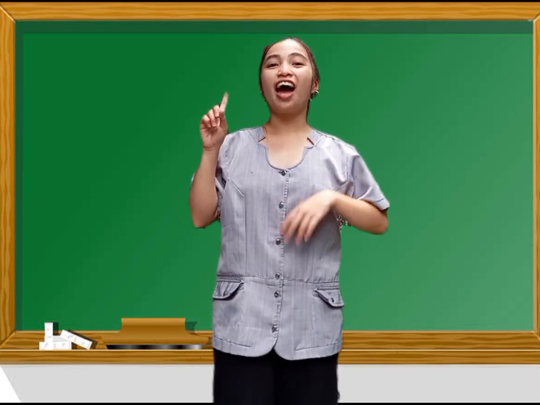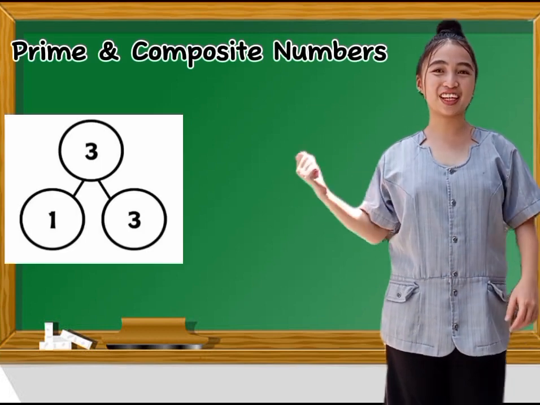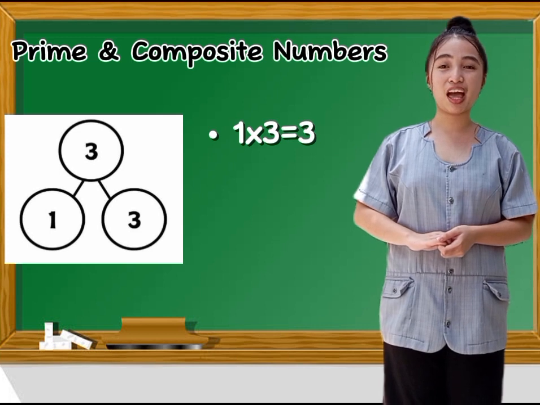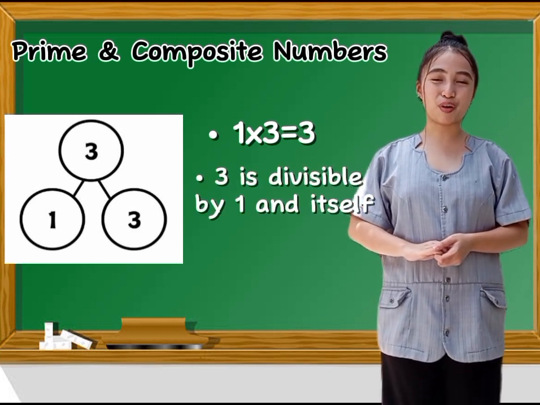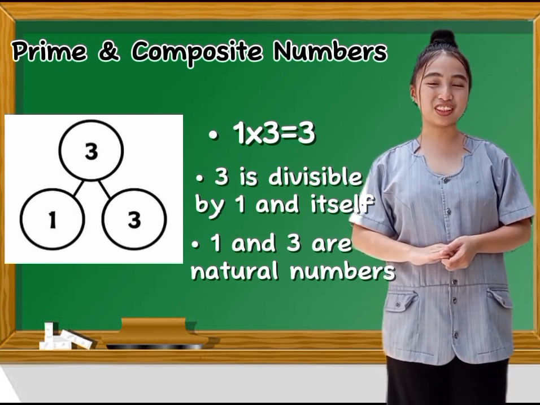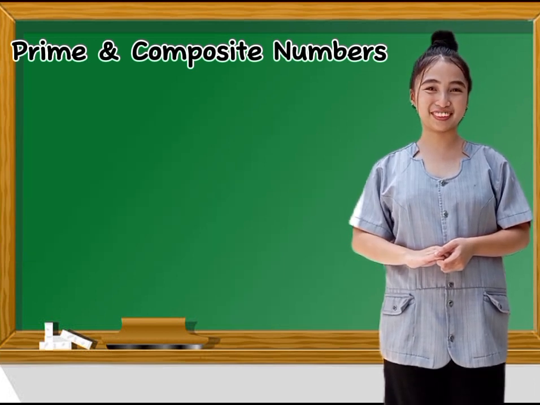Only 1 and itself, 3. Like this: 1 times 3 equals 3. 3 is divisible by 1 and itself. 1 and 3 are both natural numbers.